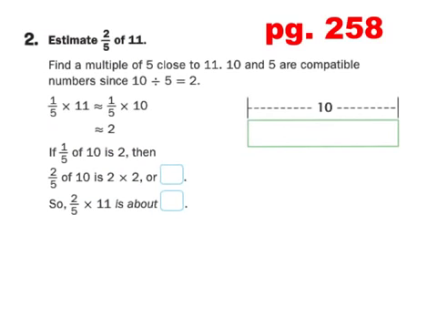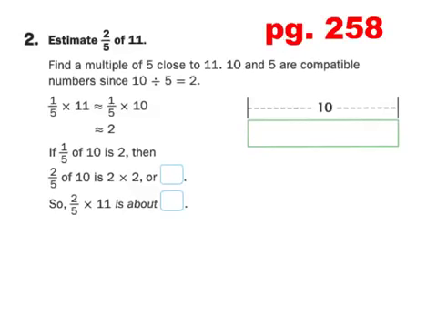Looking at the next example, we're estimating 2/5 of 11. We're going to have to divide by the denominator, and the denominator is 5, so we need to round, change 11 into something close to 11 that I know will divide by 5. That makes it compatible. And since 10 is the closest number that divides by 5, 1/5 of 10 is 2, so 1/5 of 11 is about 2.